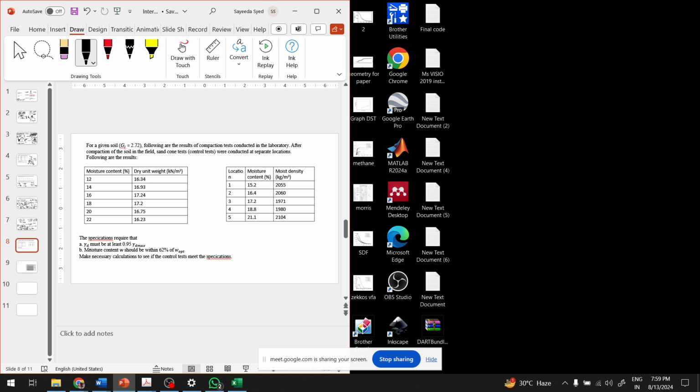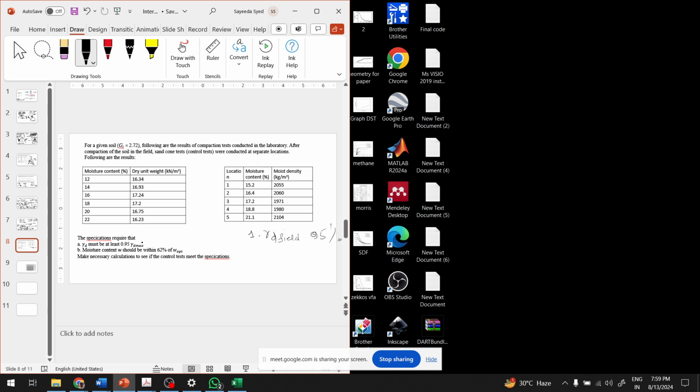Specifications require that gamma D must be at least 95% of gamma D maximum. So our gamma D in field should be at least 95% of gamma D maximum.